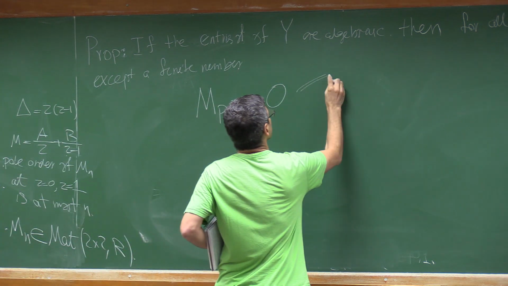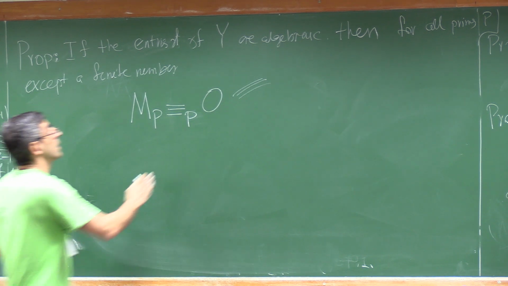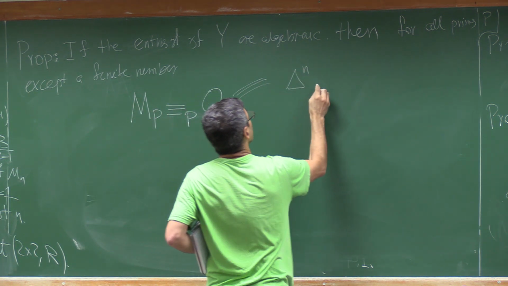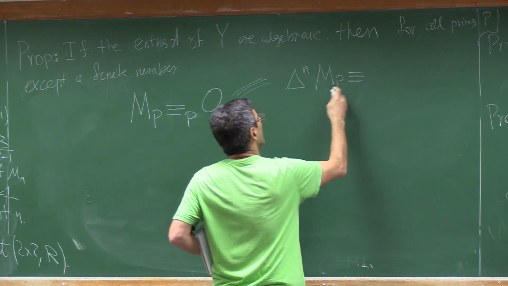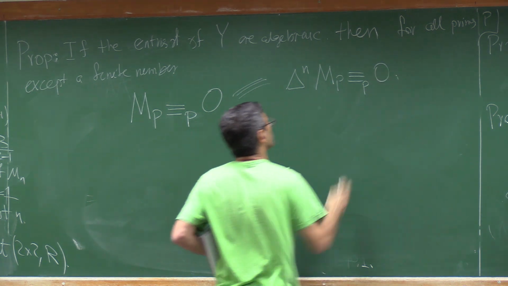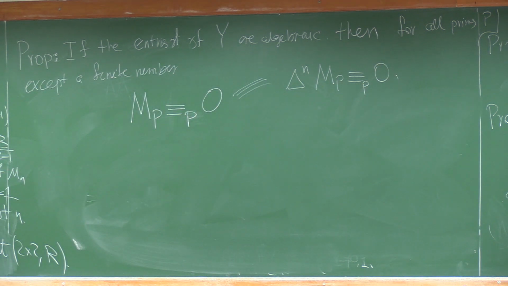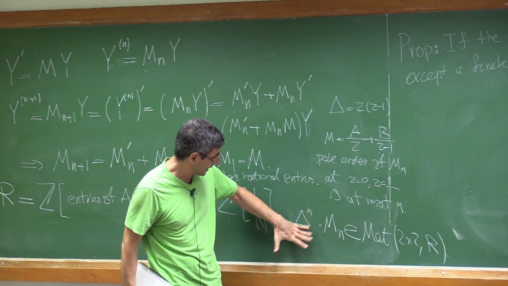Well, if you want to say it another way, maybe you write delta^n M_p, first multiply by delta^n. So delta^n M_n will have pole order n at delta.